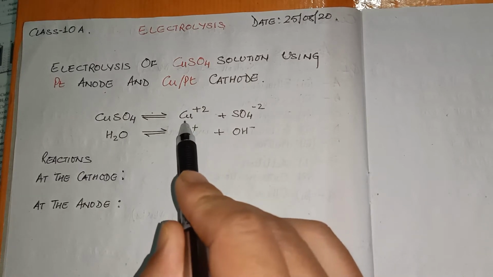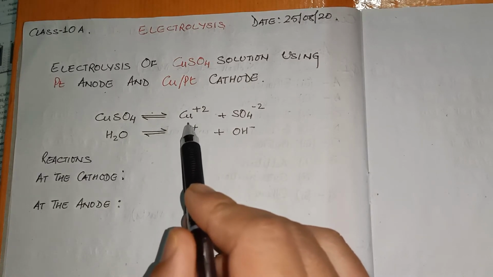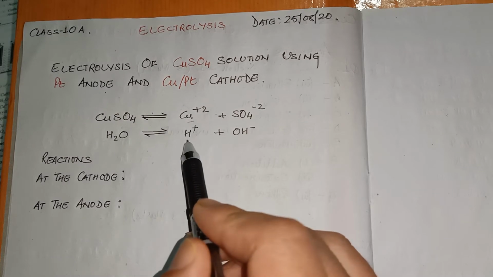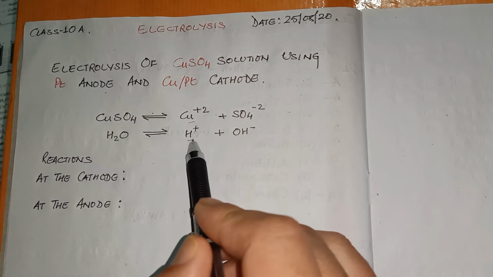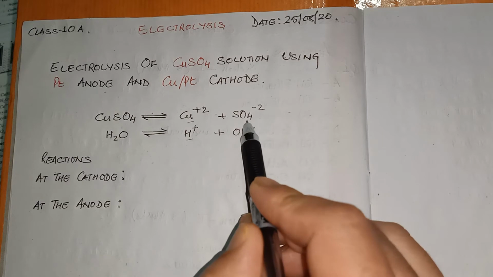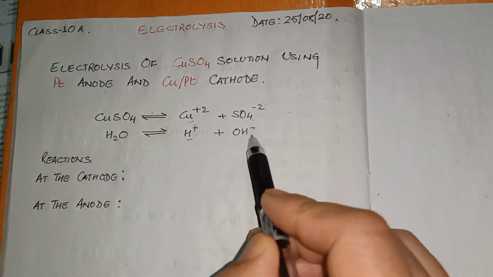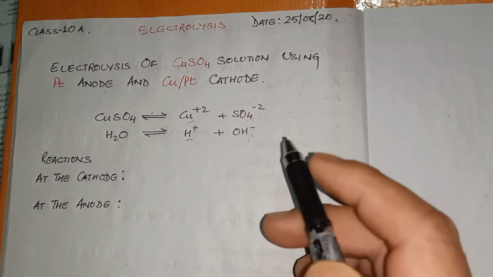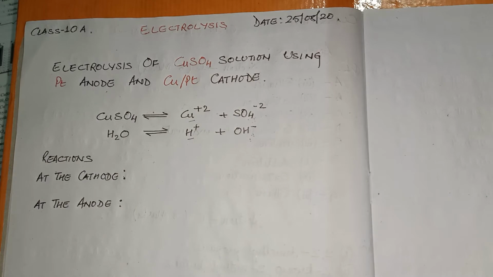So we have two types of cations: copper ion and hydrogen ion. We also have two types of anions over here: sulfate and hydroxide. Now we have to use the reactivity series of cations and anions to understand which ion will get discharged at the electrodes.